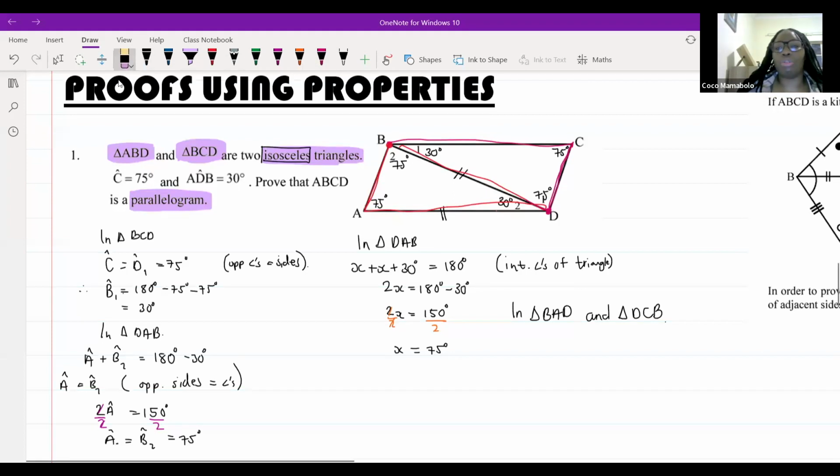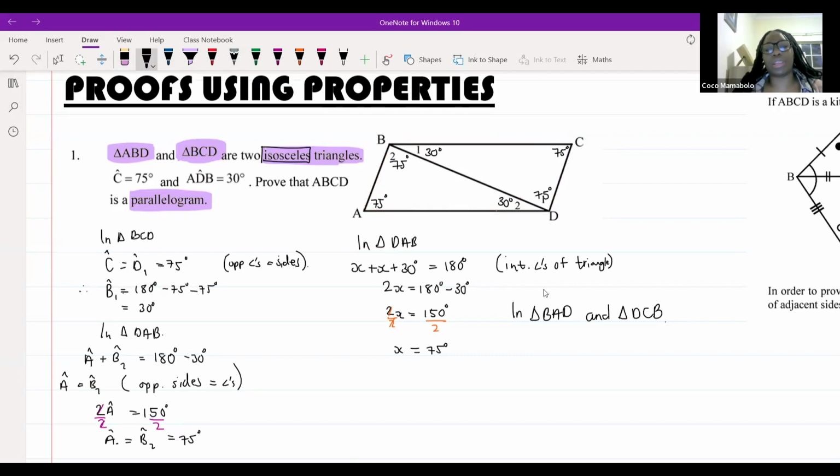Okay, now remember we're proving congruence, so we must use angles and sides. Okay, who has any of the angles or the sides for me? Okay, can I start us off?